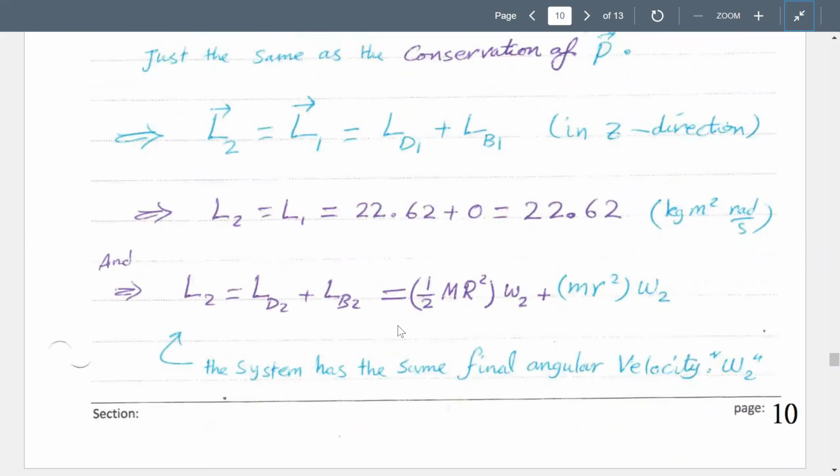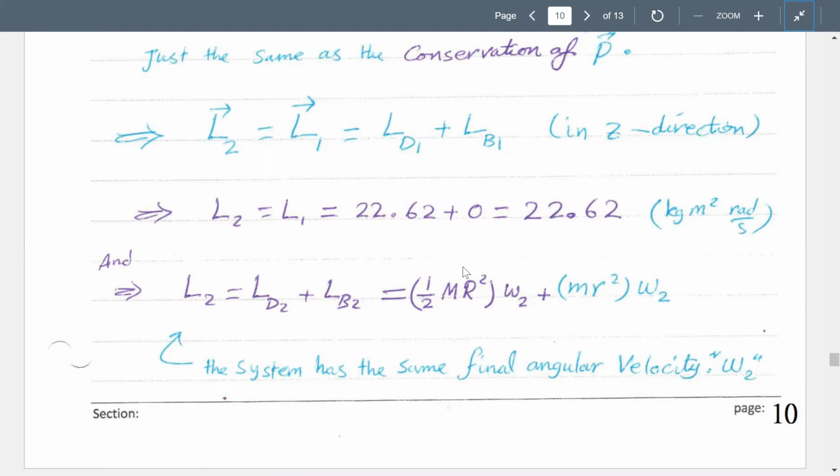What is the angular momentum after the collision? It is the angular momentum of the disk plus the angular momentum of the ball. But now the ball has angular momentum. It has the same angular velocity as the disk, which is omega 2. Now the two masses have the same velocity, so it is like an inelastic, sticky collision, right?